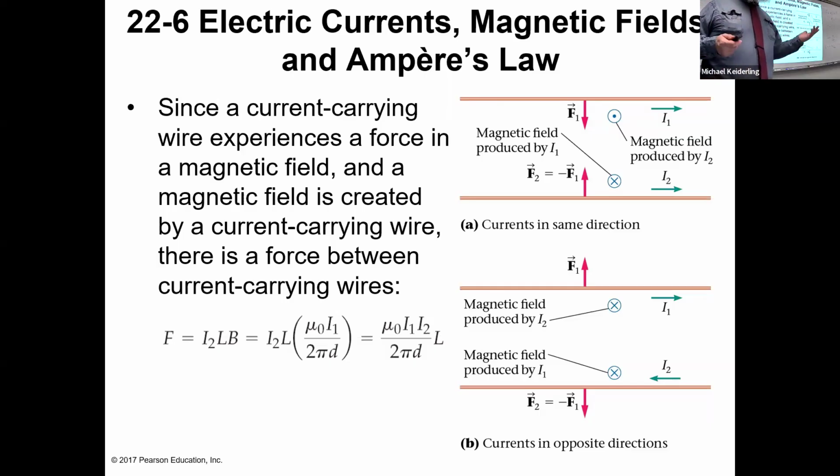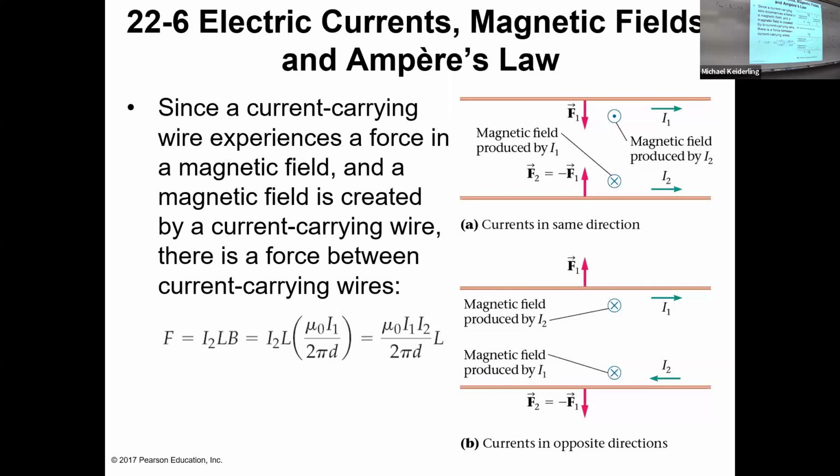When you have enormous currents, this could actually be a problem. You can have wires and cables whipping around from the force between them. Because a current wire experiences a force in a magnetic field, that force is current times length times magnetic field. So current 2 times length times mu naught times current 1 over 2 pi d.